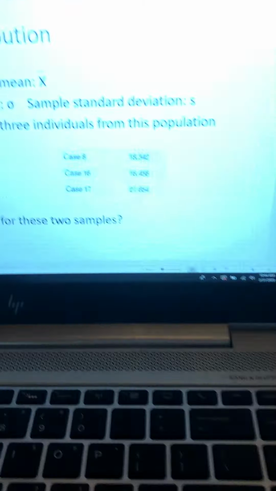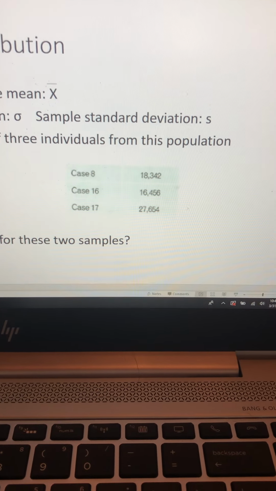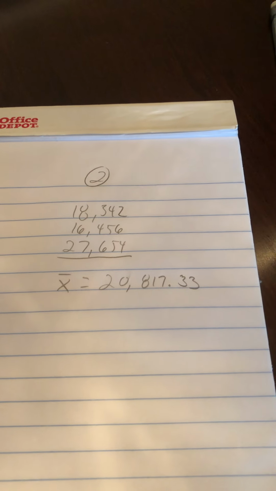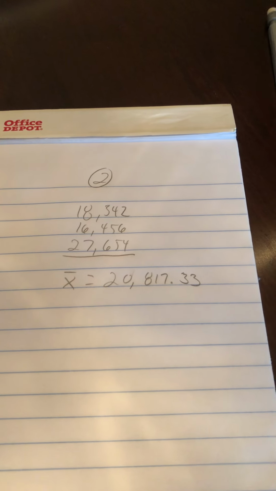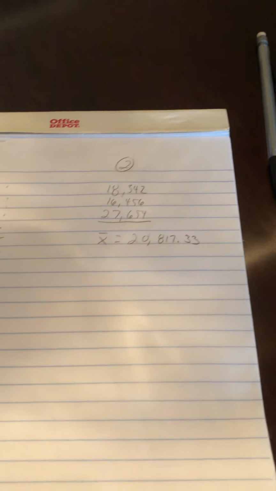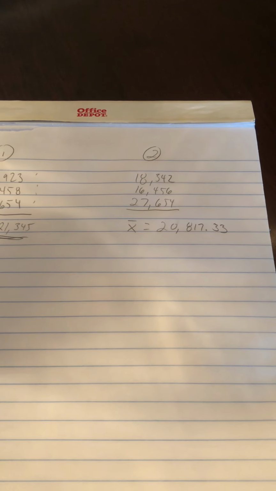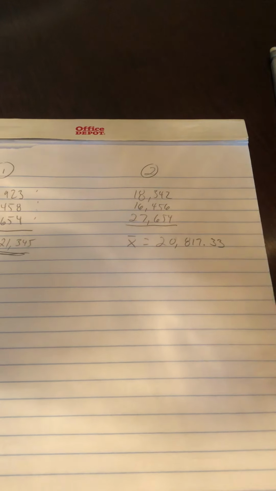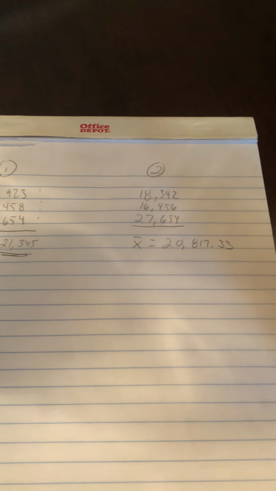And then I did the same thing for sample 2, okay? Cases 8, 16, and 17. Took all 3 of those, added them up, divided by 3, and I get 20,817.3. Okay, so the question is, how well do these estimate the true population number?